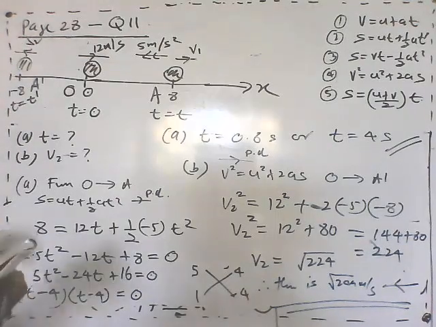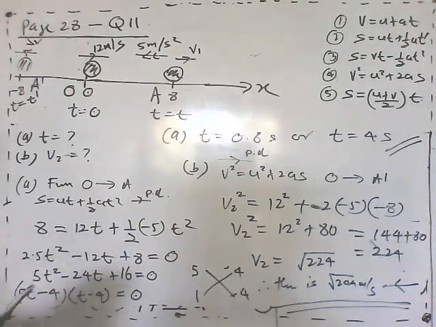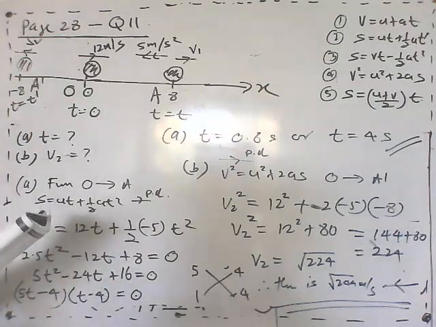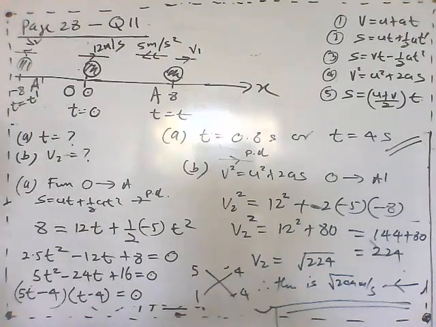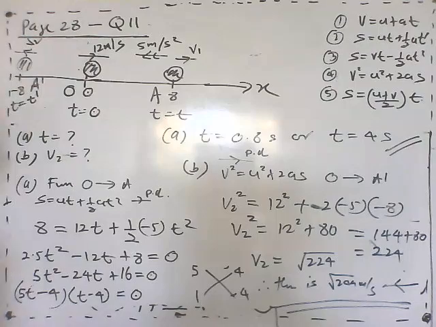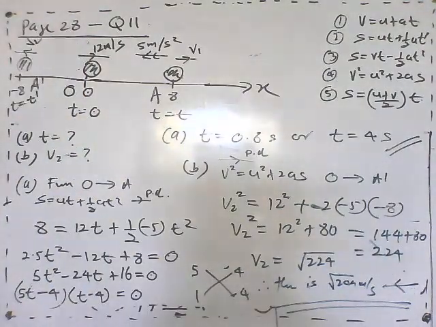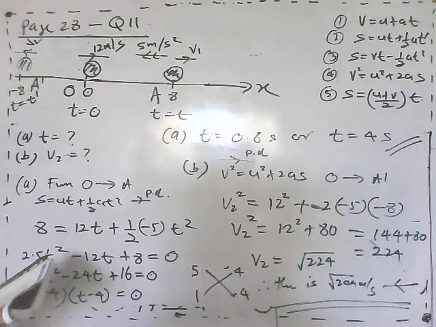So to be on the safe side, you put the positive value and mention the direction, and we'll see what they want. The question asks for the speed of the particle as it passes through the point with displacement minus 8. Even if you put the positive answer, because it's a speed and can't be negative, that's also all right, but better to tell the direction also.